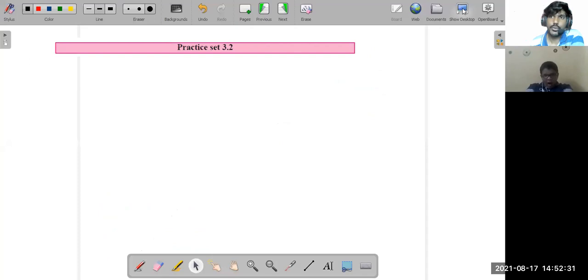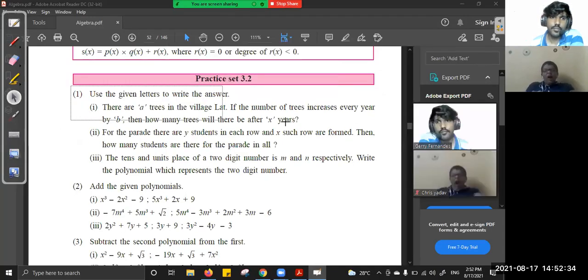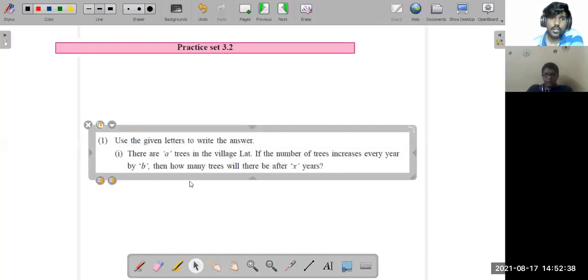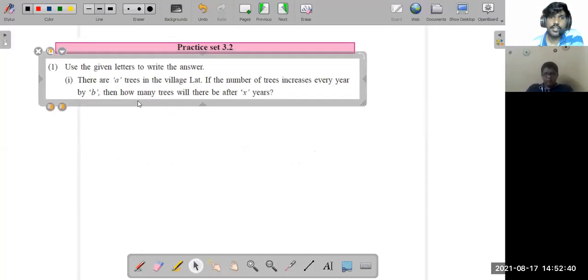So 3.2, first one. There are A trees in the village.